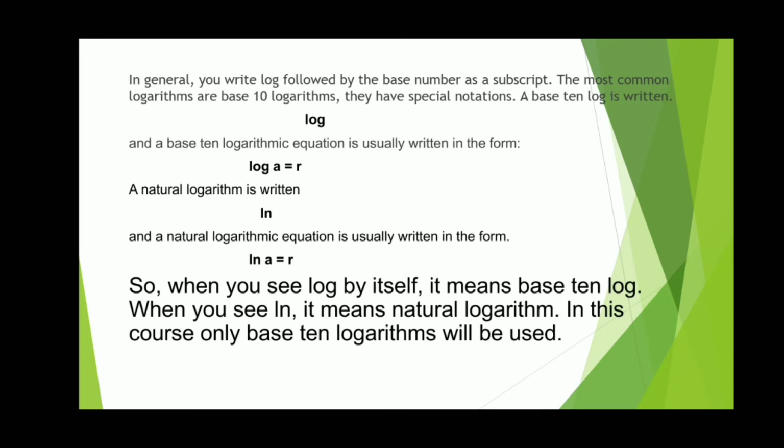The most common logarithms are base 10 logarithms. They have special notations. A base 10 log is written log, and a base 10 logarithm equation is usually written in the form log A equals R. A natural logarithm is written ln, and a natural logarithmic equation is usually written in the form ln A equals R. So when you see log by itself, it means base 10 log.